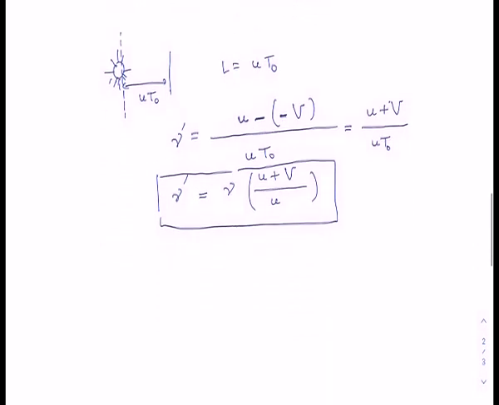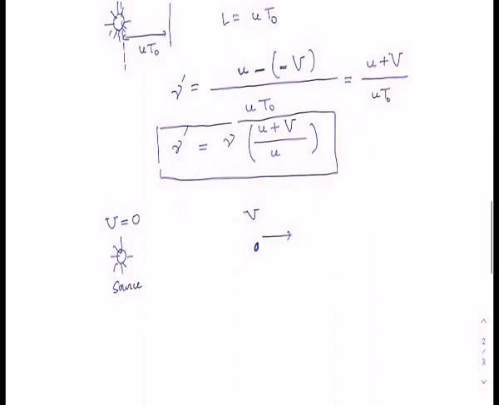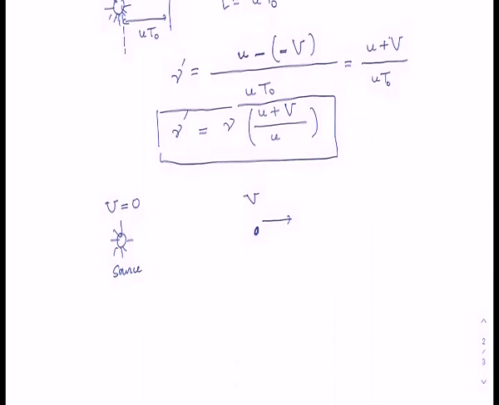Now I think you can immediately see, if the source is at rest, so u is equal to 0, and the observer is moving away from the source with velocity capital V, then the formula that you will get is nu dash is equal to nu times u minus V divided by u.